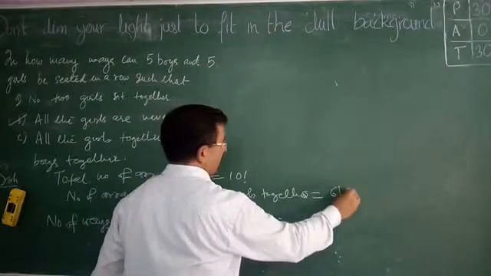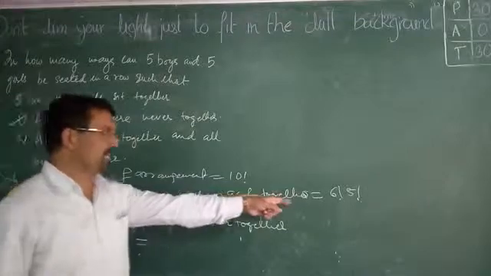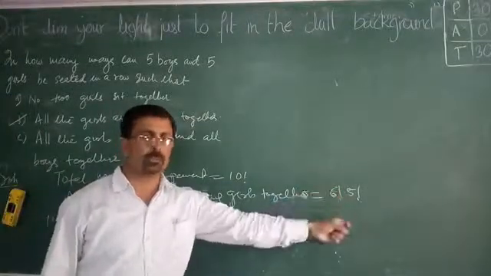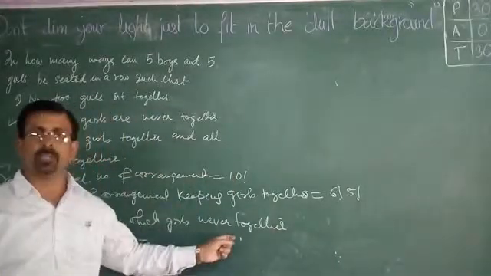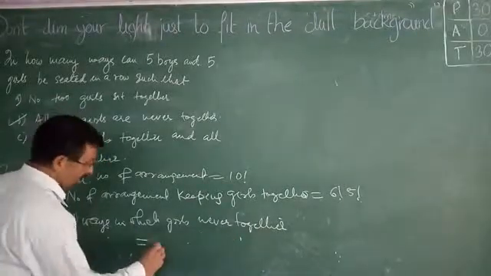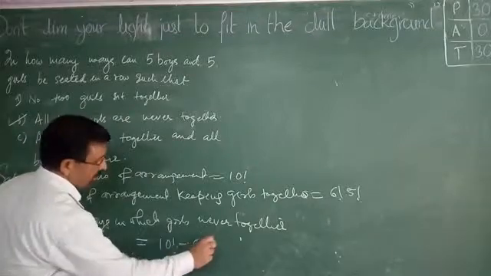Factorial 6 into factorial 5. And now, because this is the number of arrangements in which the girls are always together, this will be separated from the total number of arrangements. We will get the total number of arrangements where the girls are never together. And therefore, we can write this as factorial 10 minus factorial 6 into factorial 5.